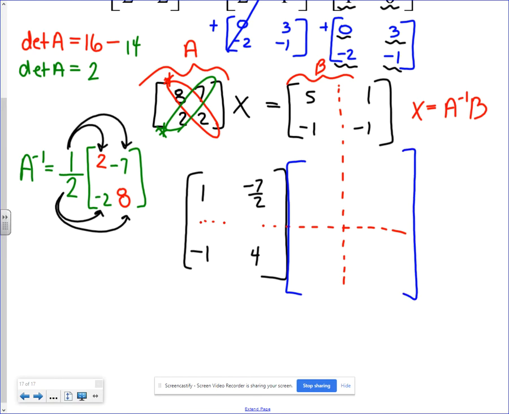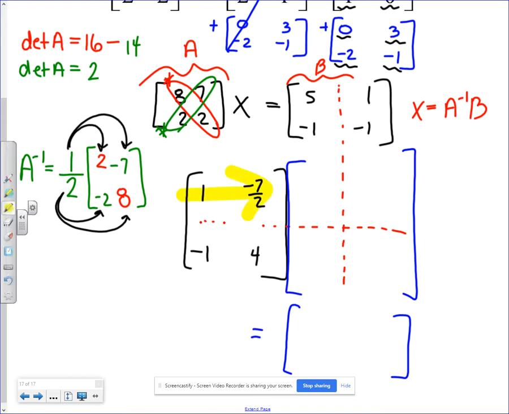So here's going to be my answer. Remember, we do the row of the first matrix times the column of the second matrix. So we're going to do 1 times 5 is 5. And then negative 7/2 times negative 1 is positive 7/2.